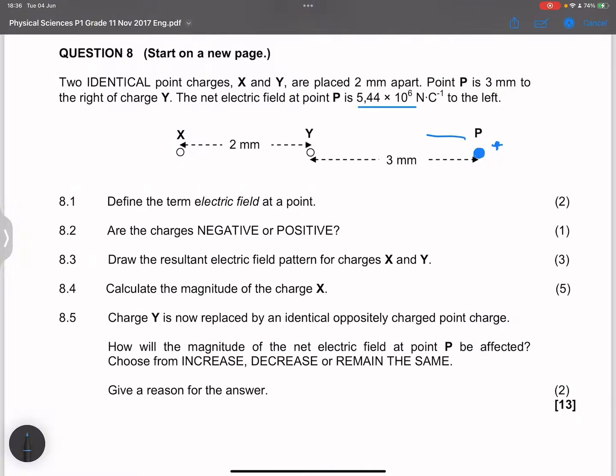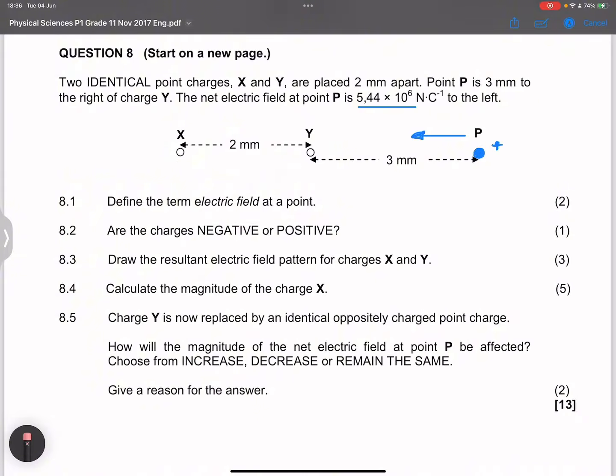So which means that the positive test charge would be attracted to the left, meaning that the charges on X and Y respectively have to be negative so that they attract that point charge to the left, okay?